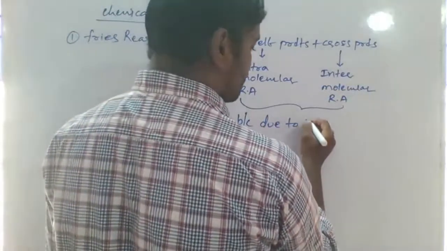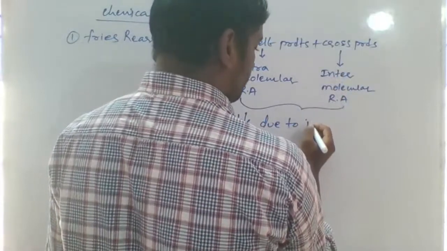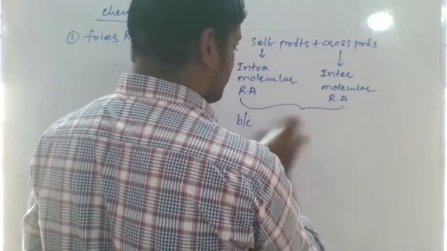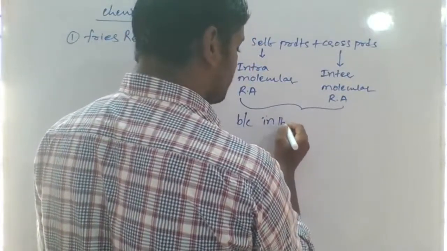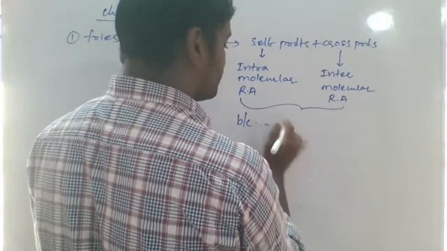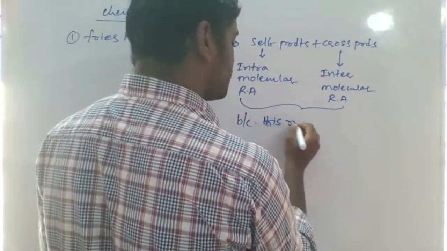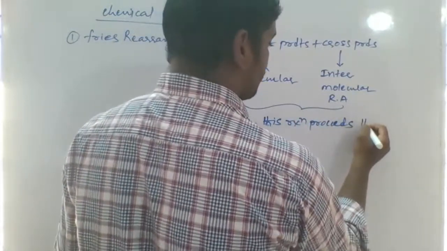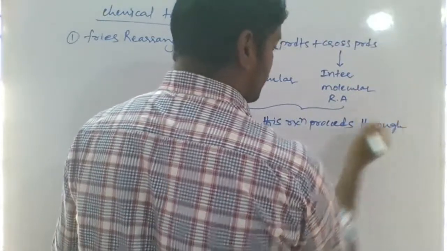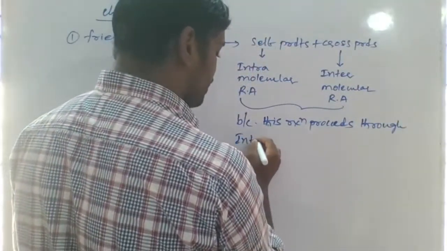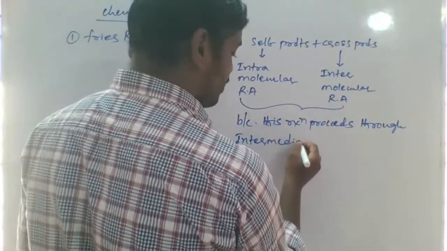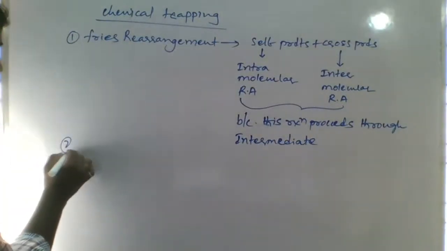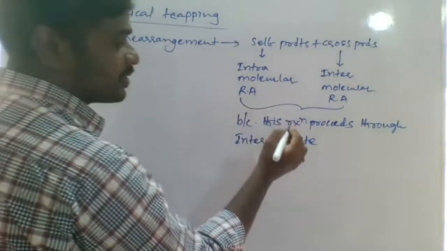Because this reaction proceeds through an intermediate, cross products are formed.